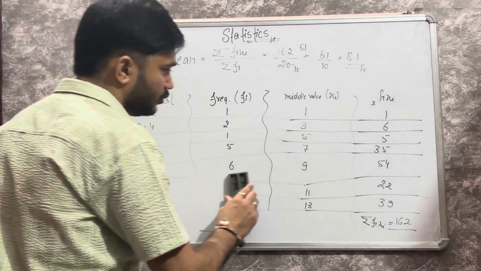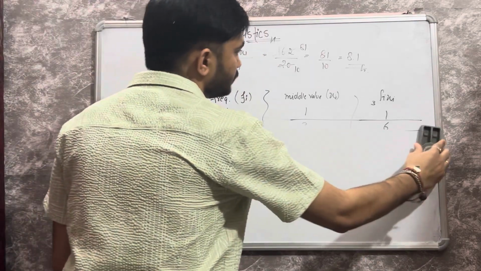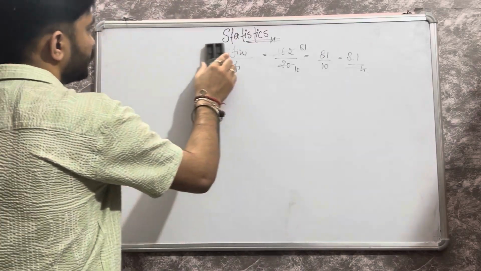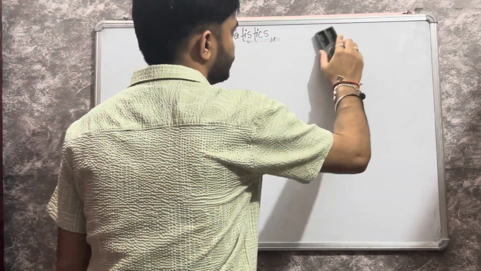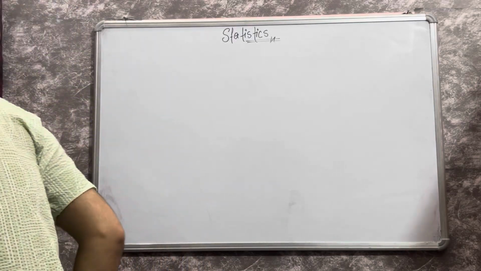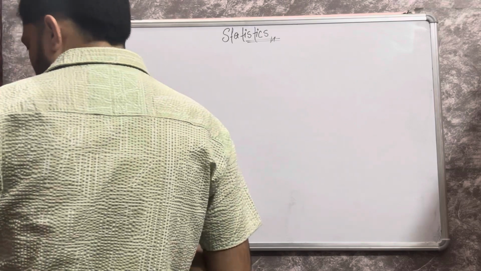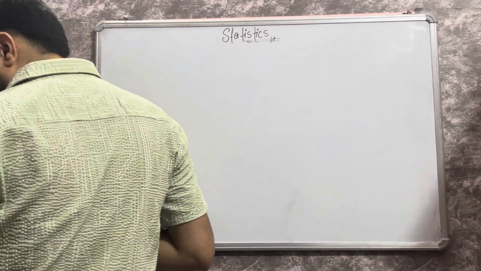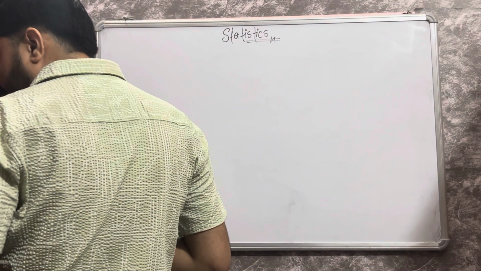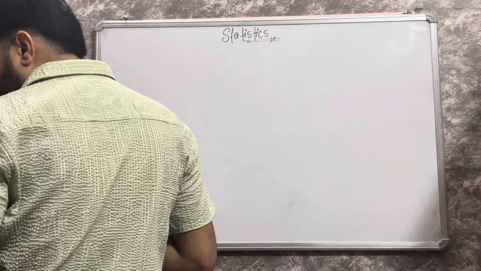Now let us move forward to the second question. The second question of the book is the same: you are given the data of daily wages and the number of workers working in the factory, and you have to find the mean of the data.